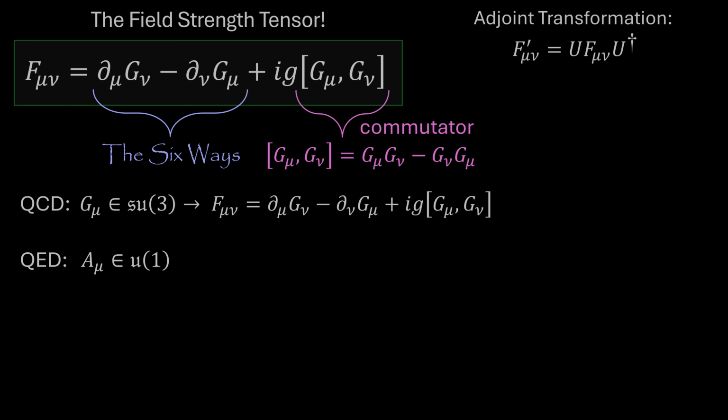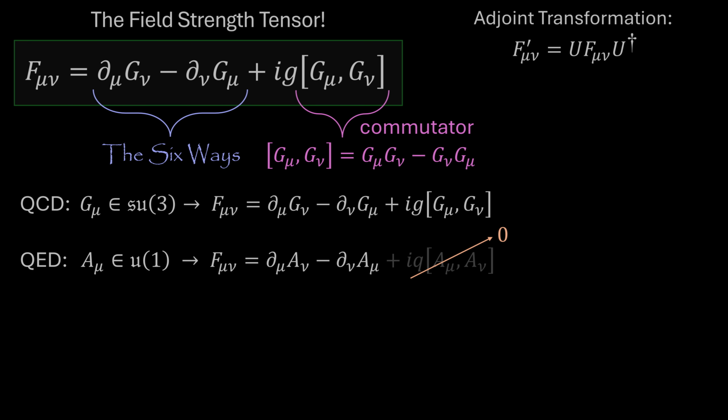Now consider this. What if we write the same form for the field strength tensor as what we've derived for QCD, including the commutator term, that is, including the i g commutator? Well, because the components of A mu are scalars, the commutator term is always 0, so that term vanishes, leaving us with the derivative terms.